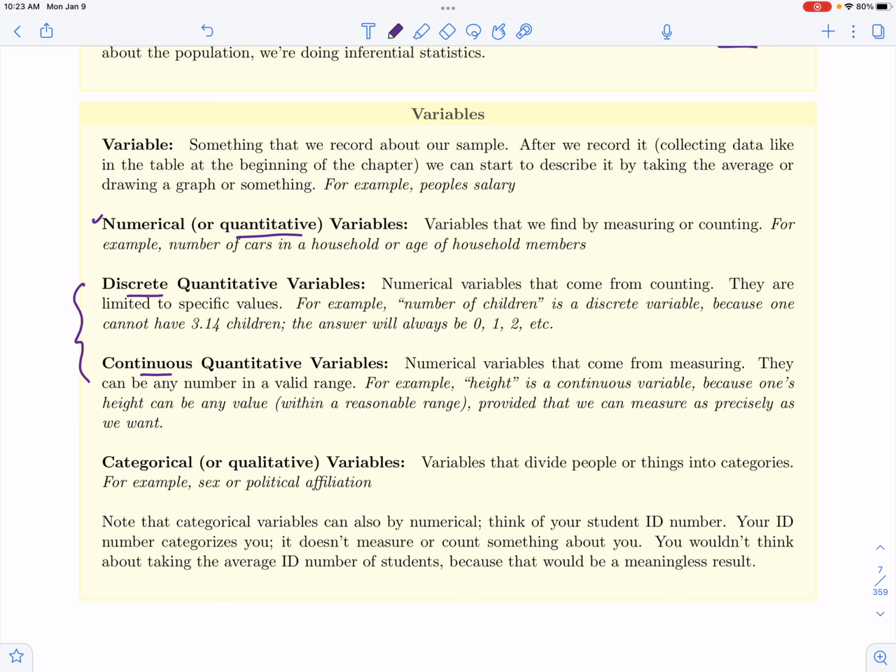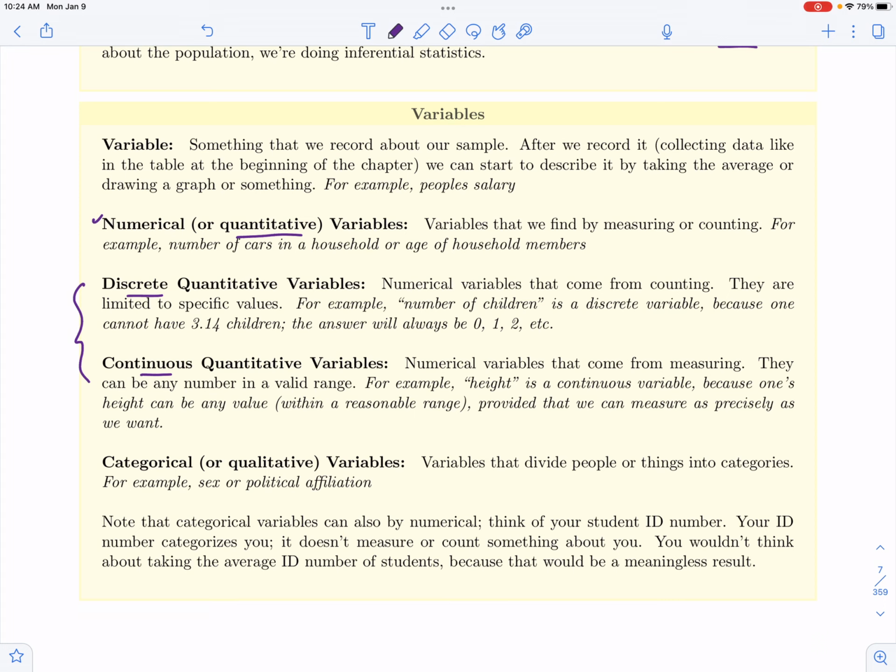Discrete just means that they have to be whole numbers or counting numbers, like 0, 1, 2, 3, 4. Continuous means they could be decimals. If you were talking about someone's height, someone could be 6.1 feet tall, someone could be 5.4 feet tall. The fact that we can have decimals allows those to be continuous.